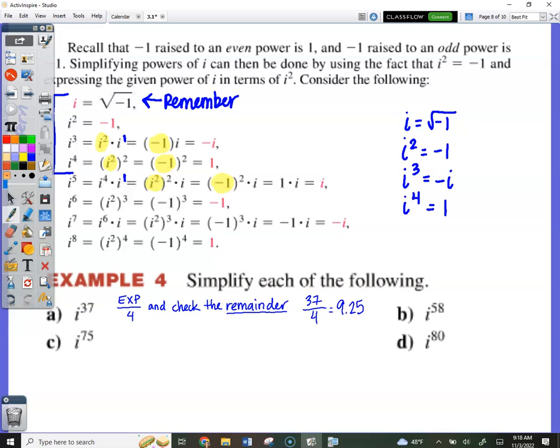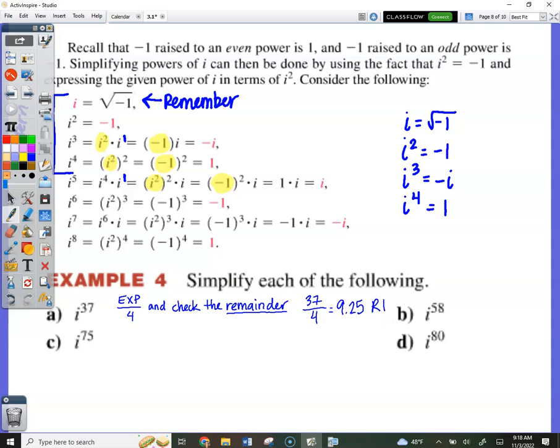This is 0.25. I want you to think quarters. Why am I saying quarters? Because there's only a pattern of 4. How many quarters is this? This is your thought process. Oh, I divided the exponent by 4. I got this. Oh, I see 1/4. Oh, I need to think remainder 1.